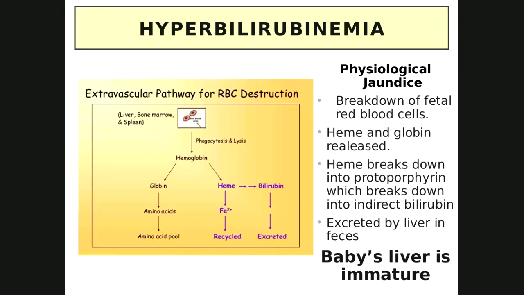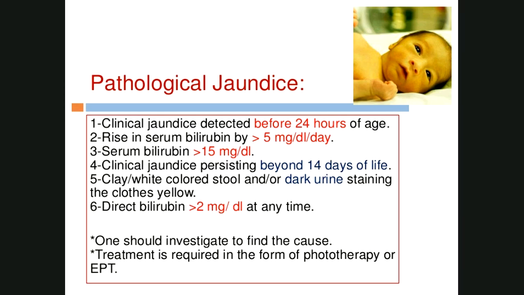And so it's excreted by the liver and feces, okay? And by about 2 weeks, the baby should have figured out how to do this. They should figure out how their liver works by 2 weeks.